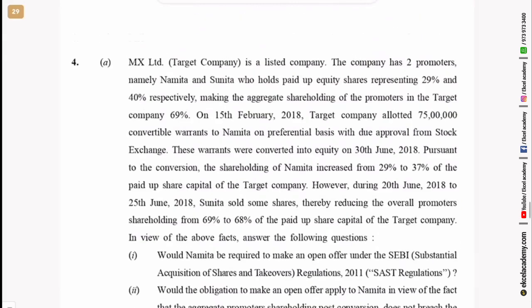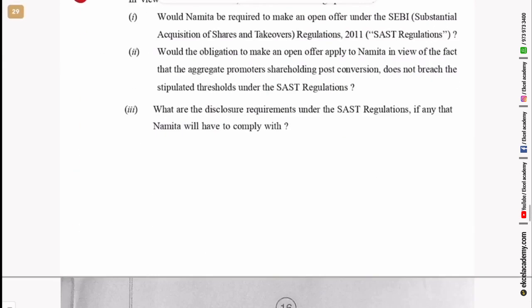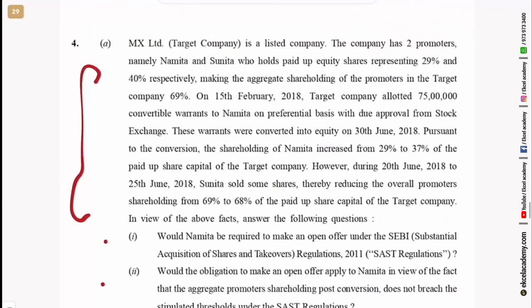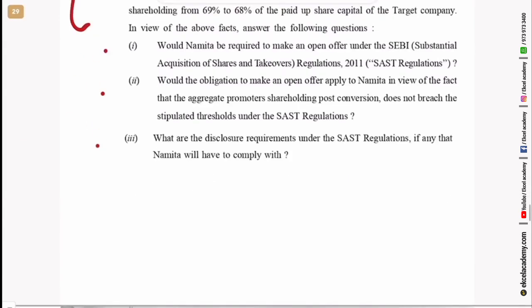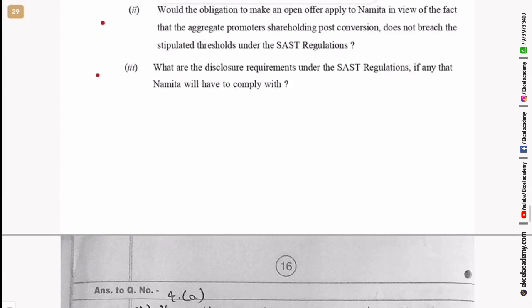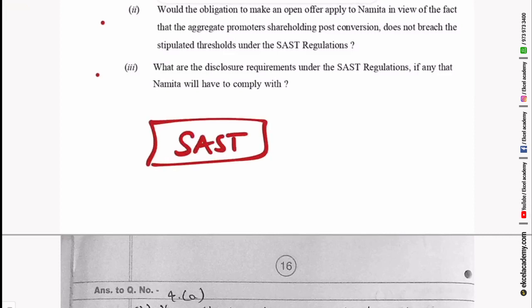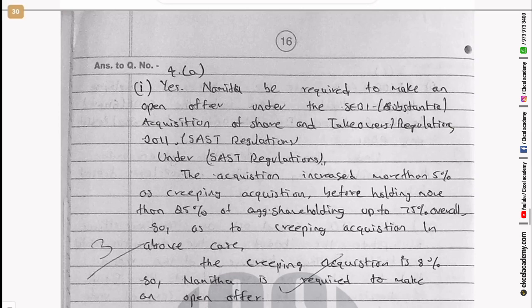Next, a very, very long question is there, and they have given different questions based on the facts. First they've given facts and they've given some questions relating to the SAST regulations, the substantial acquisition of shares regulations.